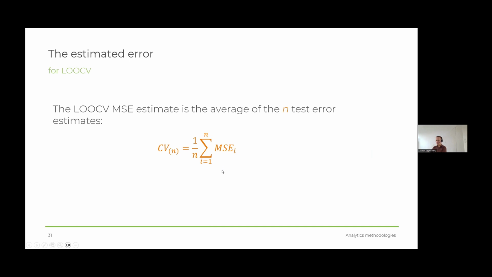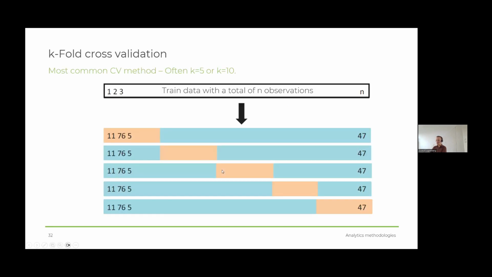We also have a slightly different version of this, called k-fold cross-validation. Instead of always leaving out one and training on the rest, you specify how many replications you're going to make. If I set k equals 5, as in this example, I split my data set into 5 chunks.